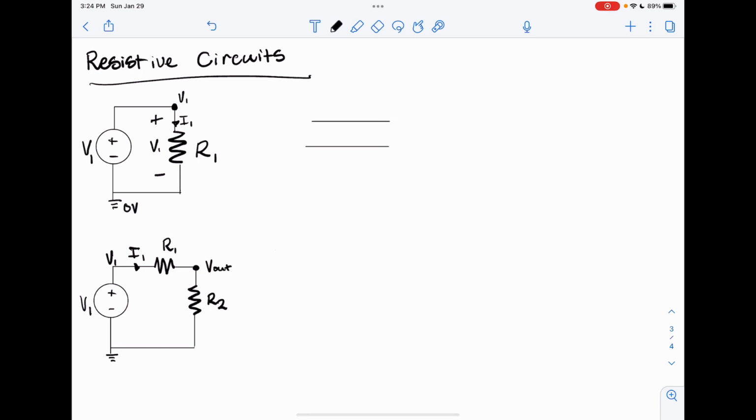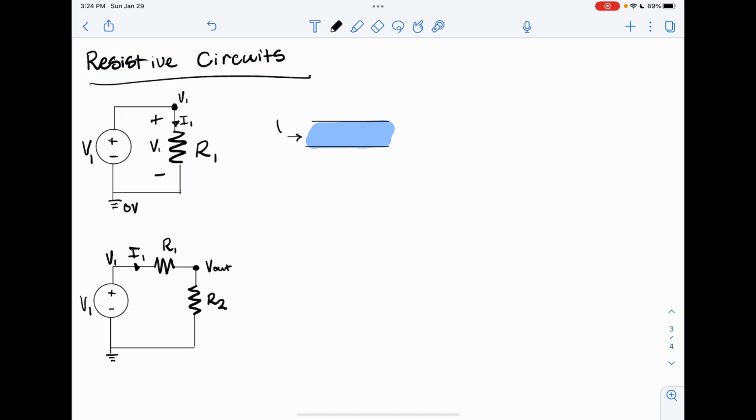Let's say we have a pipe, and in this pipe, there is some water flowing. Now, voltage, in this case, is going to be analogous to the pressure on the water causing the water to flow.